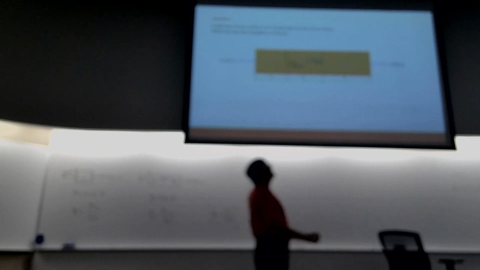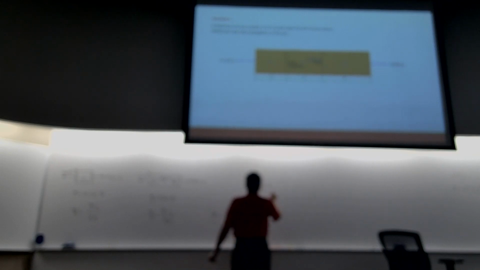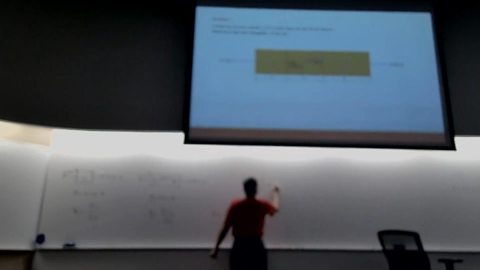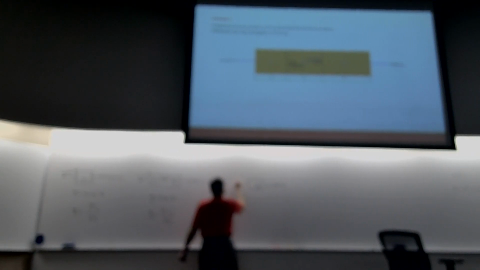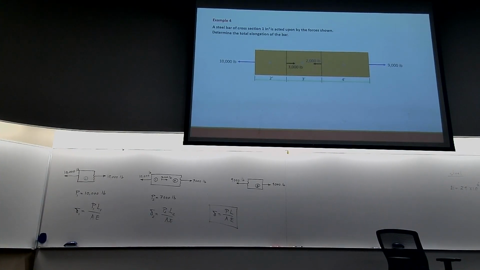Here we have 9,000 pounds, so we need the same thing here for equilibrium. If you make a cut in segment 3 and look all the way to the left, you get the same answer, but it's just going to be a little more complicated.